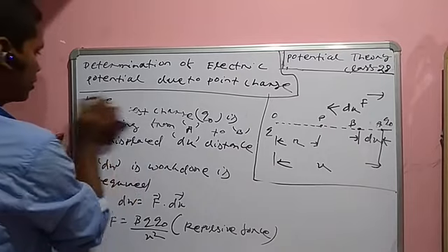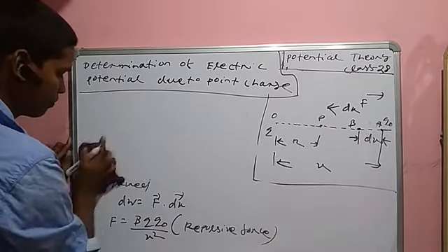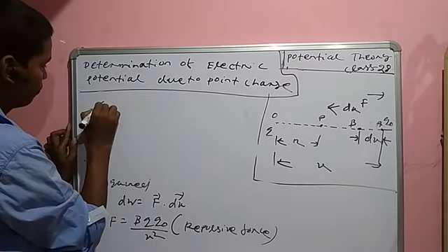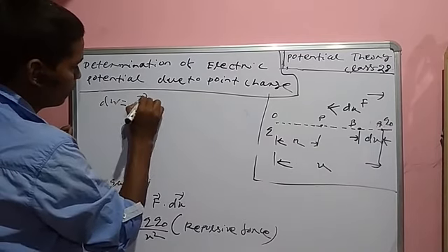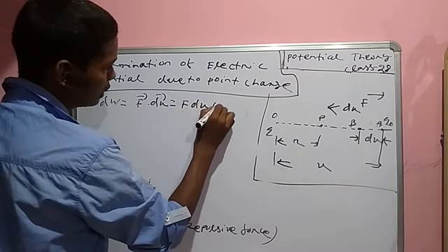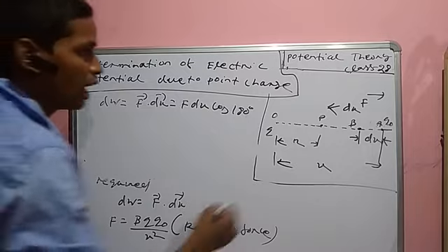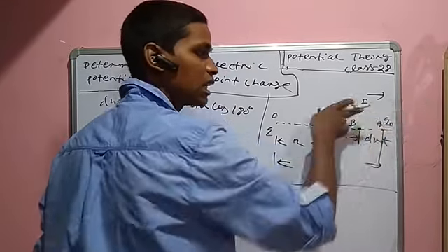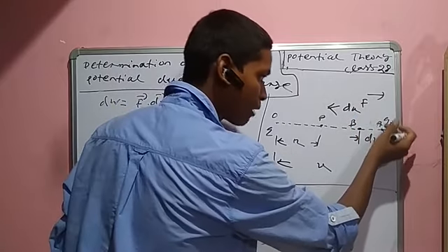So we can write dW is equal to F dot dx, or F dx cos 180 degree, because the force is in the rightward direction, but the charge is displacing from right to left.